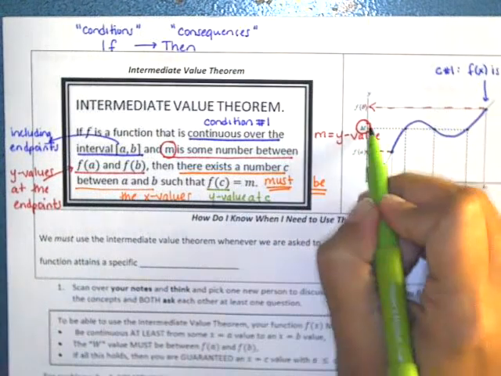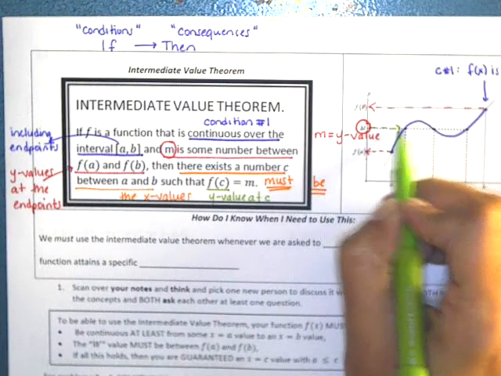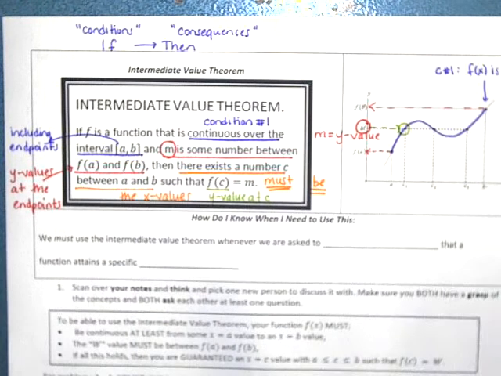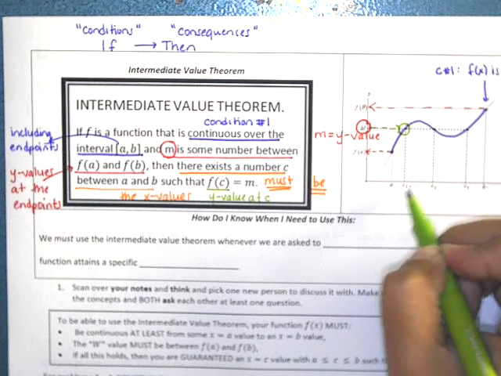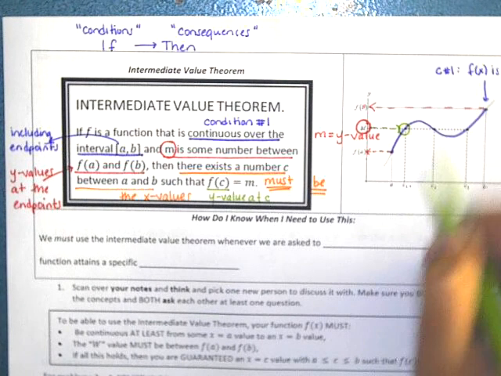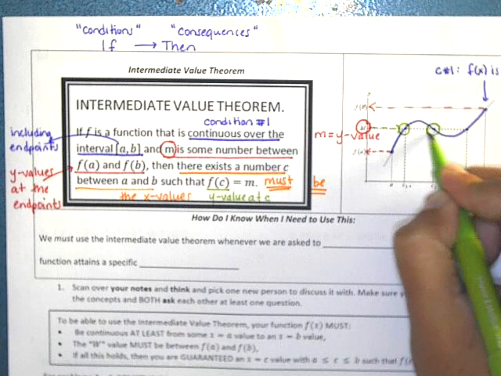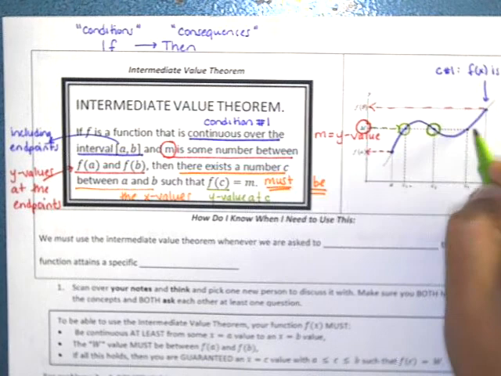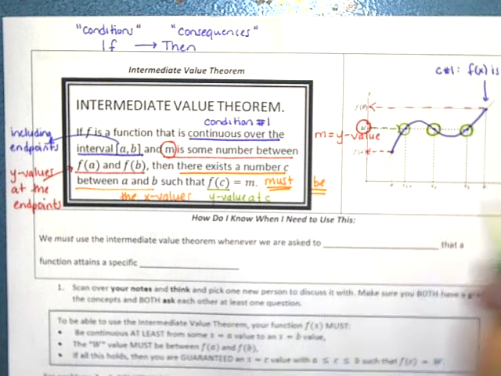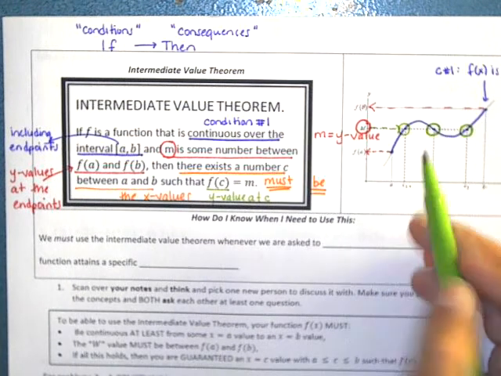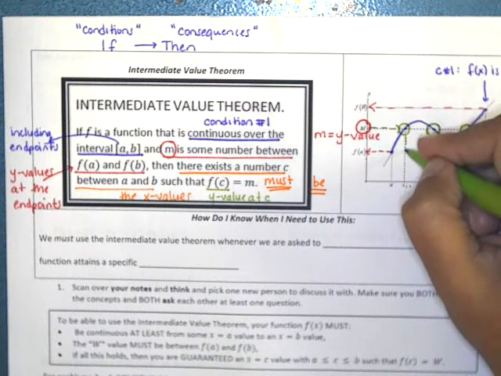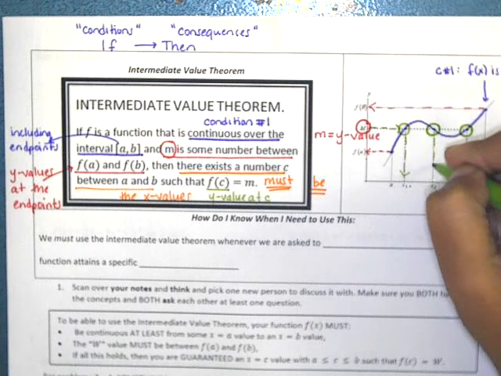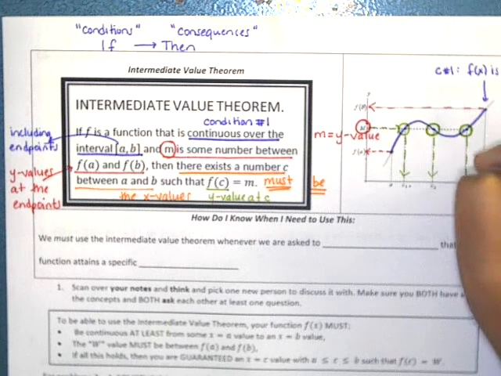Well, if I trace m over, m is the y value of this x value. We're going to call it c number 1. m is the y value of this x value. We're going to call it c number 2. And m is the y value of this point, which is c number 3. And all 3 of those x's are in between a and b.